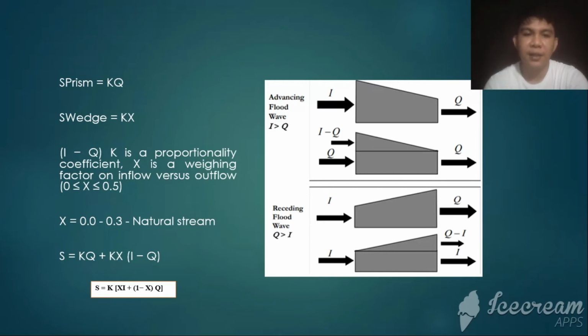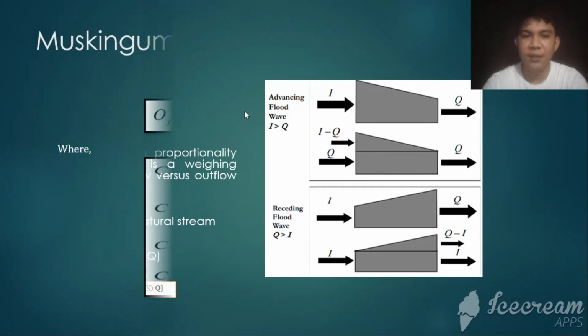We have the weighing factor that varies in the range 0 less than X less than 0.5. We also have X value which is 0.0 to 0.3 for natural streams. So this is the storage in the picture. The top is the wedge, and at the bottom is the constant, which is the prism.